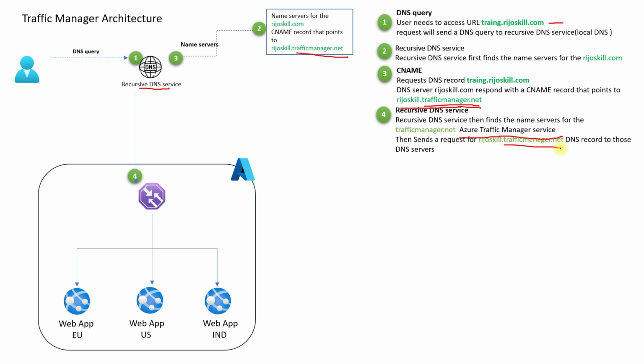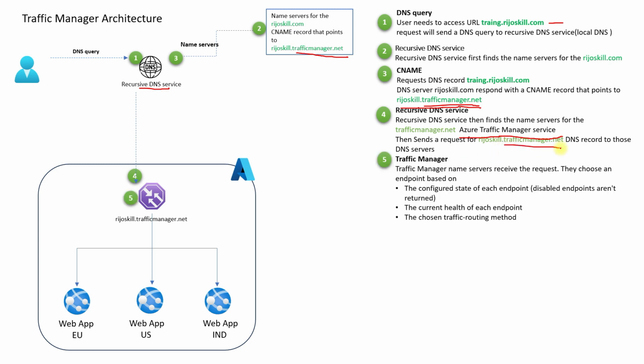The Traffic Manager receives your traffic. The Traffic Manager already has some configuration: the state of each endpoint, the current health of each endpoint, and the traffic routing method chosen to pass traffic to your endpoints.